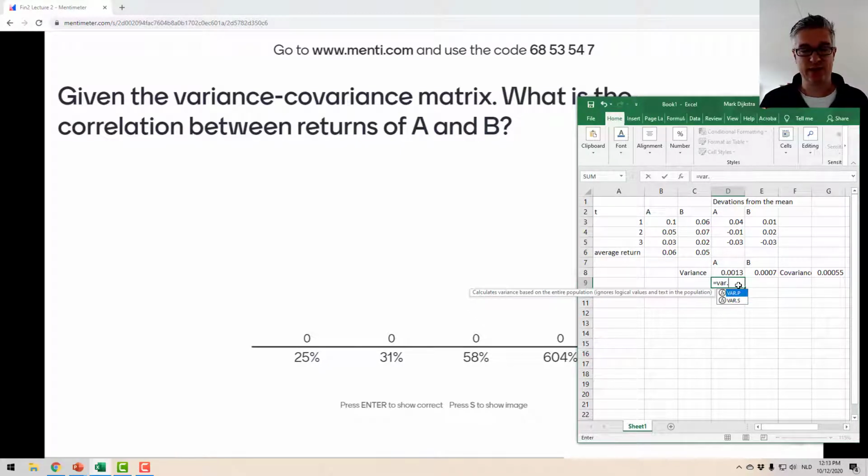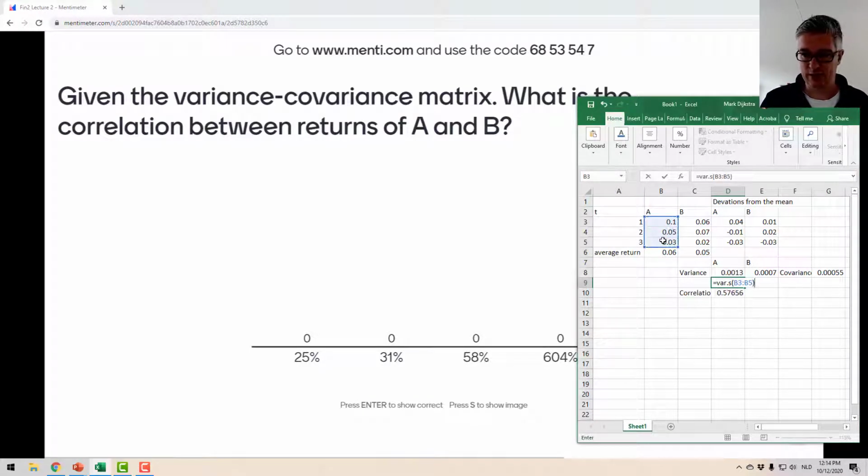VAR.P is for when you know the population mean, and VAR.S is for when you estimate the population mean. Typically always use .S because, in reality, you don't know what the expected value is going to be. You simply need to calculate the average. Practically, VAR.P in this case would divide by 3, VAR.S divides by 2, because we took away a degree of freedom.